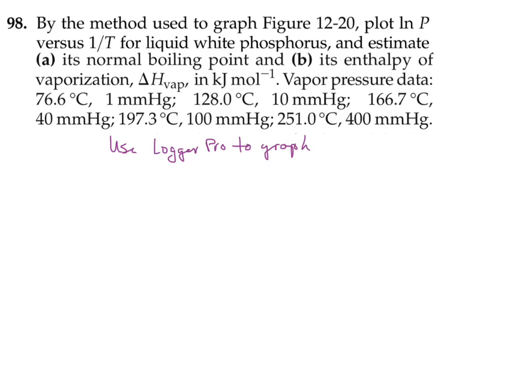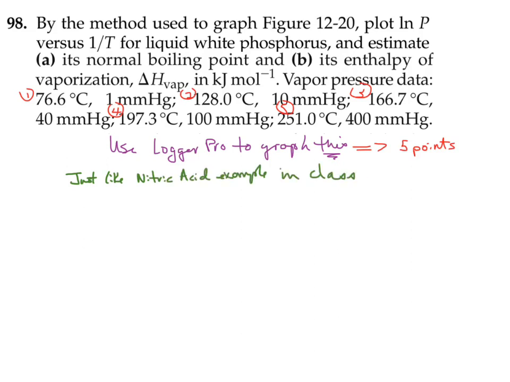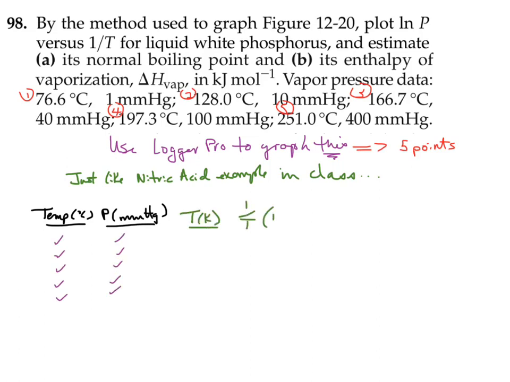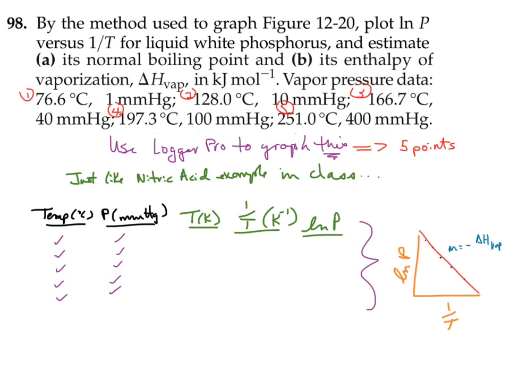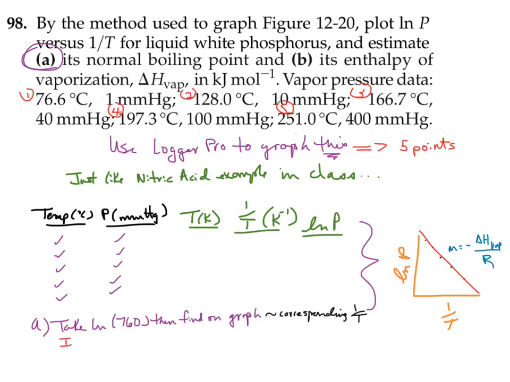The last one goes back to more of what we did with nitric acid. The 5 points are just like ordered pairs, temperature, pressure. This is where you're going to want to use Logger Pro to enter those 5 points. This is going to help you for Thursday's lab. Have it convert to Kelvin, inverse temperature, make Logger Pro do the work here, and the natural log of the equilibrium vapor pressure.